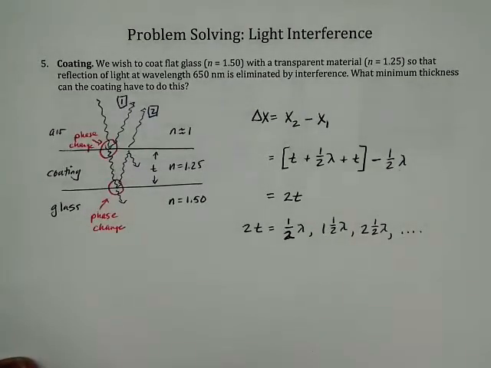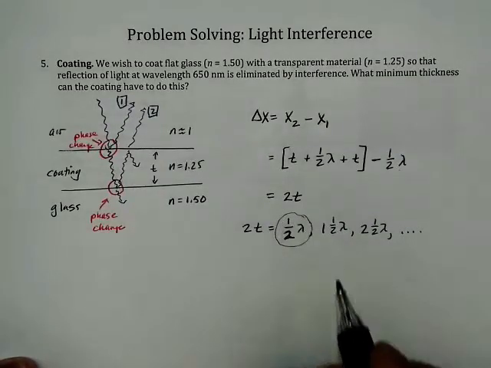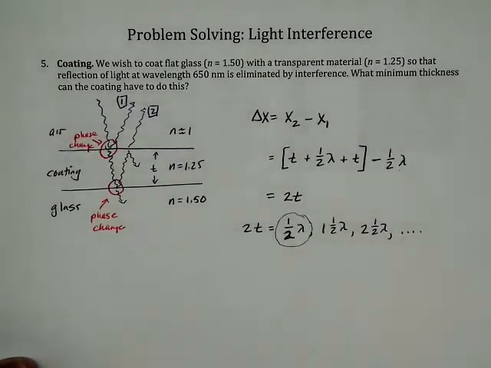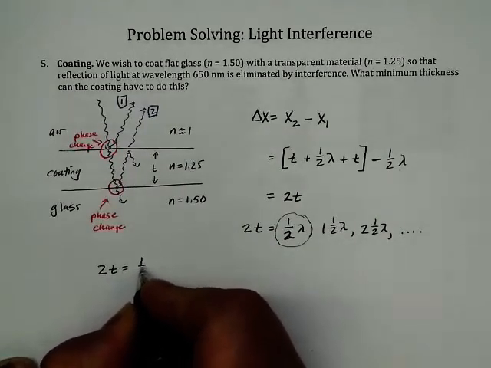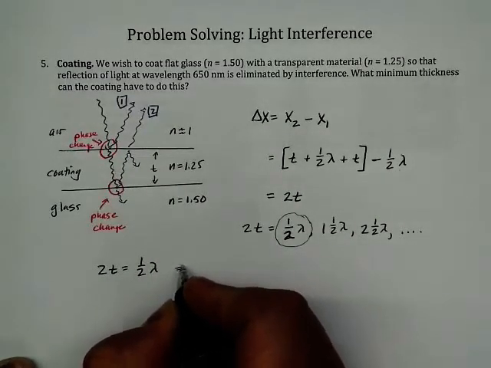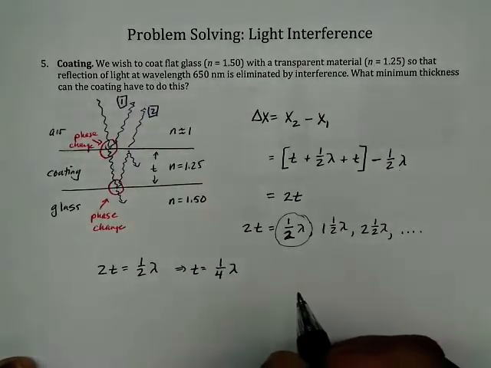But if the thickness is going to be the smallest that it can be, we're going to go ahead and select the condition where it is a half of a wavelength. And so if 2 times the thickness equals 1/2 of the wavelength, that means the thickness equals 1/4 the wavelength.